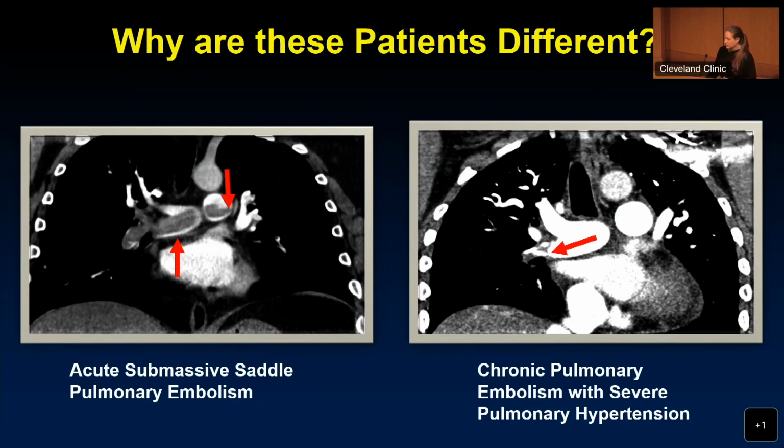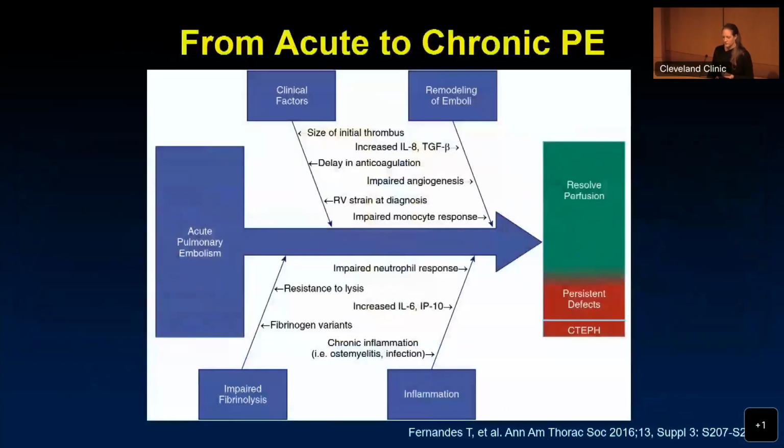On the right, we have another one of my patients who had recurrent pulmonary emboli, and with the red arrows you can see there are some changes that are consistent with chronic thromboembolic disease in the right interlobar artery. She had severe pulmonary hypertension, 36 years old, needed to go for open heart surgery to get cured of this. So very different patients, both of which have obstruction of their pulmonary arteries.